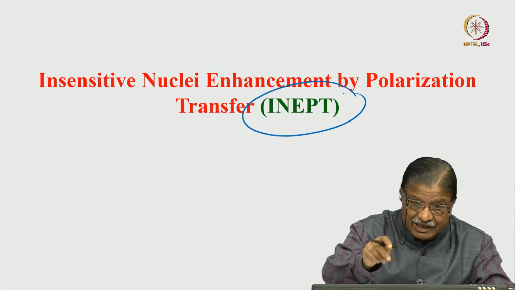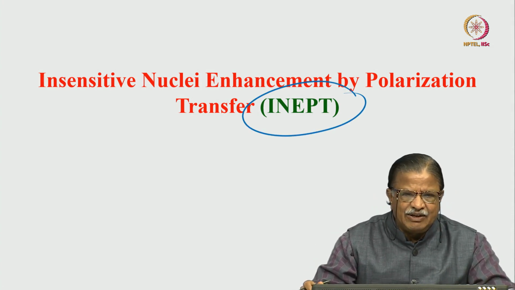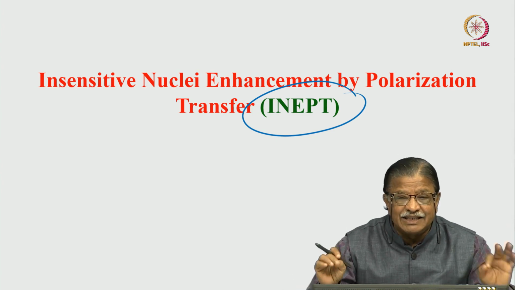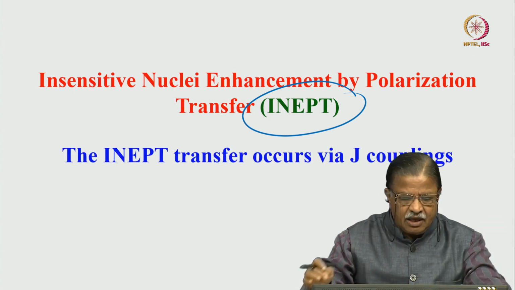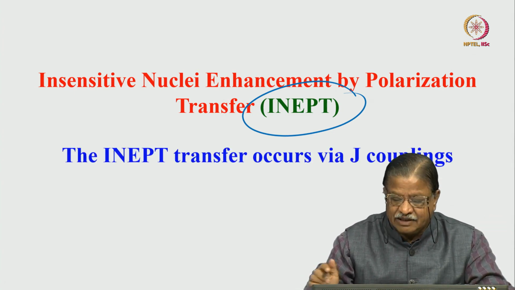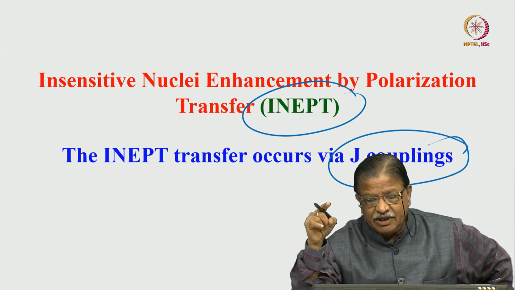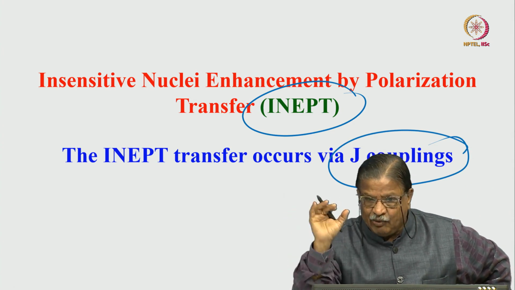Next part is INEPT, which is what we are going to discuss today. INEPT stands for insensitive nuclei enhancement by polarization transfer. INEPT transfer always occurs through J coupling. Remember, I told you in the NOE there is no need of J coupling; spatial proximity is the requirement.